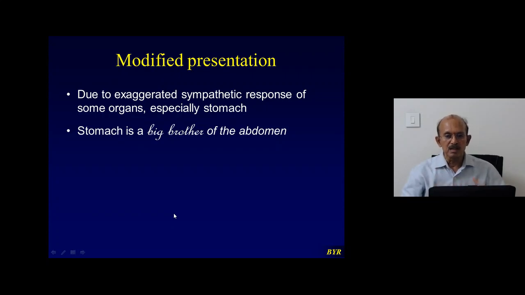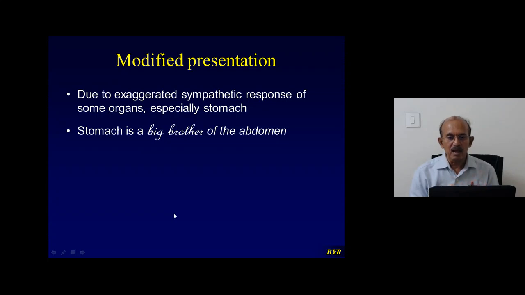It just gives you discomfort. When only discomfort is there, you can still take food. But when appetite is not there and nausea is there, you can't take food. That is why in many abdominal diseases, the stomach behaves with an exaggerated sympathetic response. Sympathy means kindness to its fellow members.